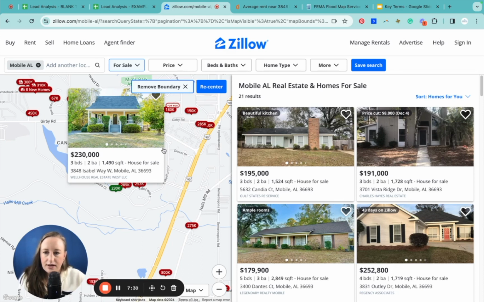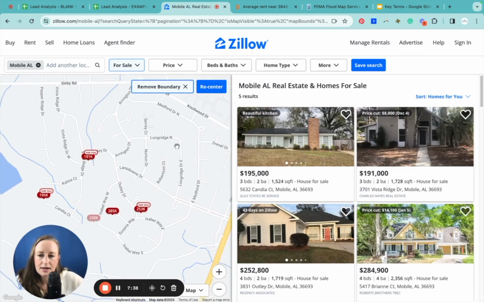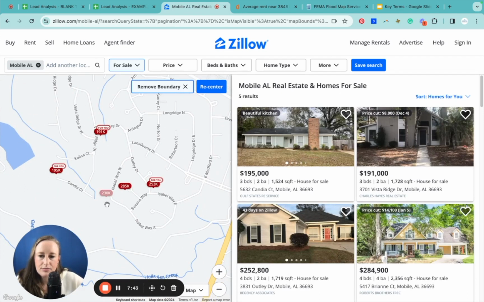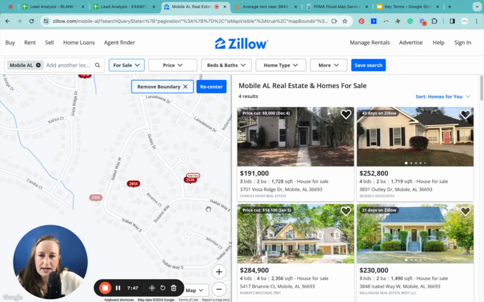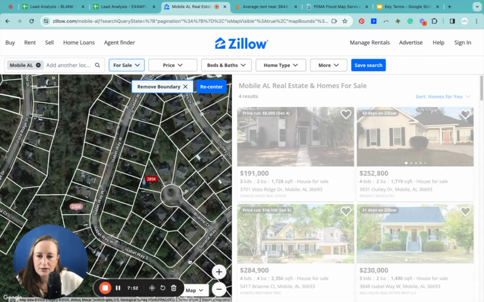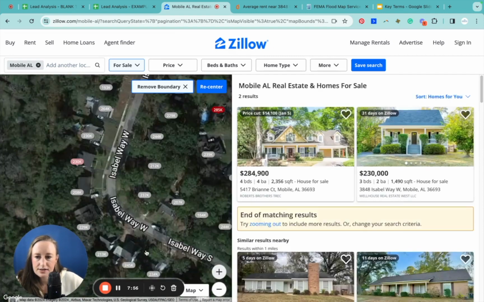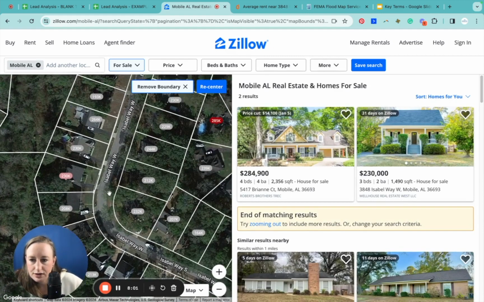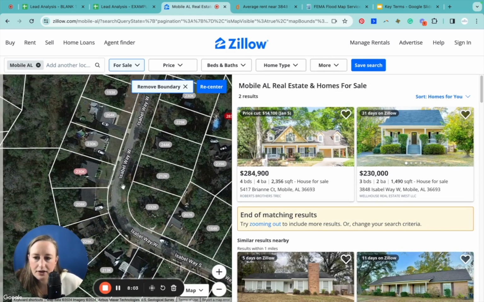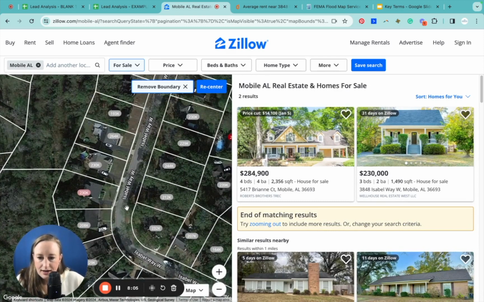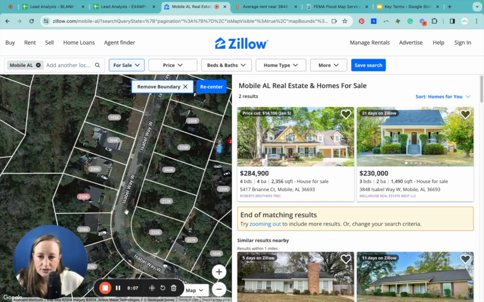Okay, let's look at this area right in here. This is our property right here for sale. But then if you zoom in, you can actually look at the different property values right around your property and get a pretty good idea of what the average ARV should be for your house.